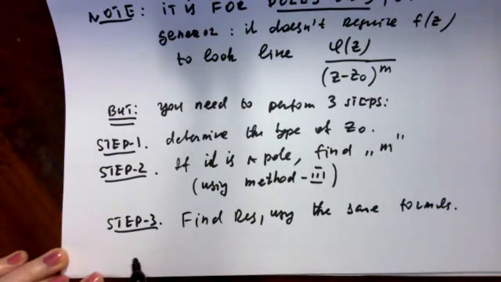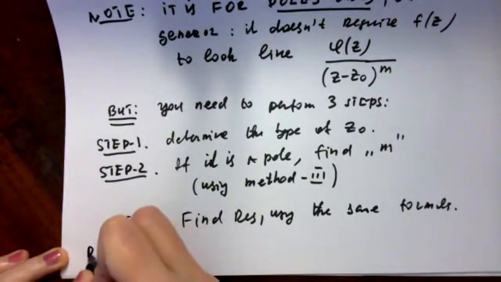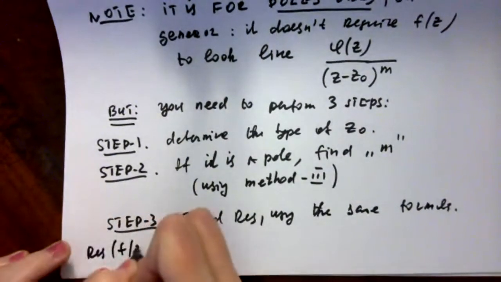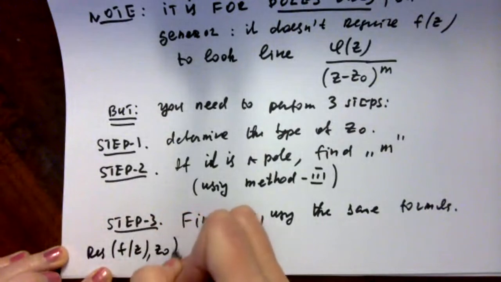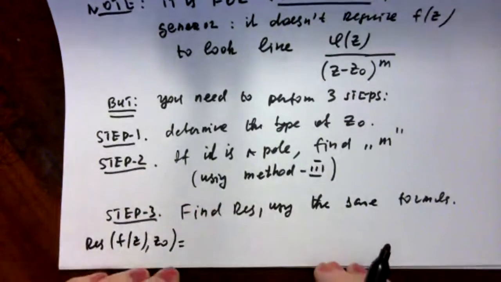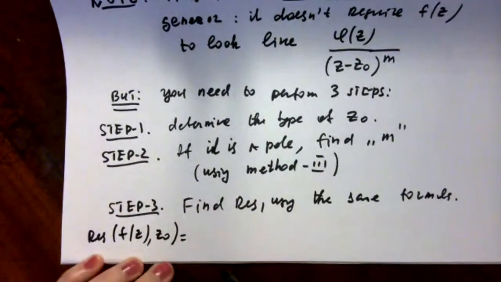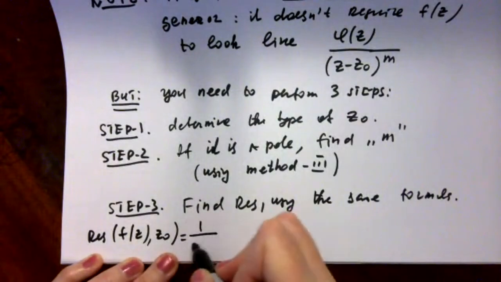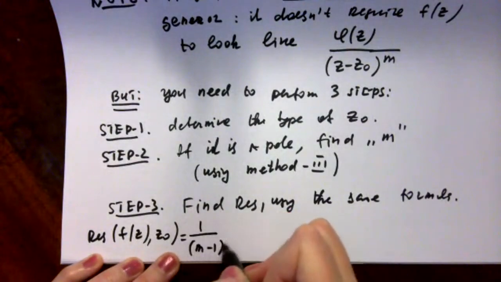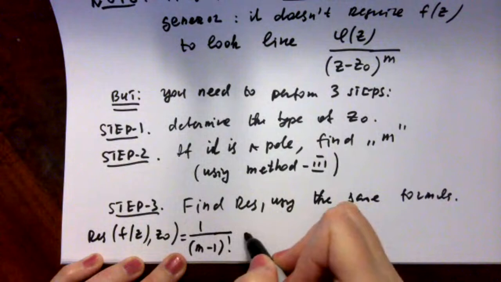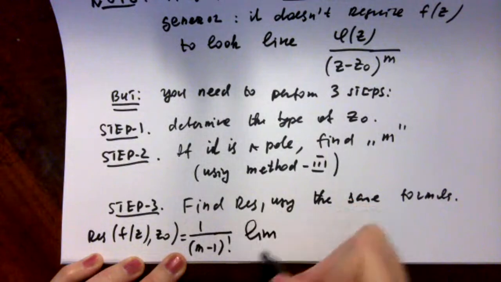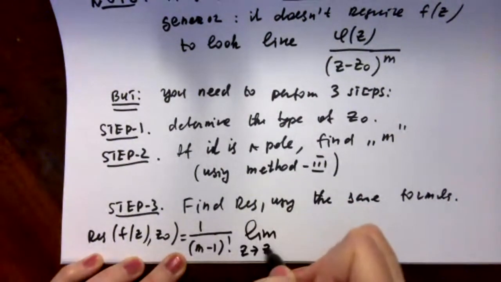Okay, I'm not finished with my algorithm yet. I wanted to remind you of this formula for finding the residue at z0 if z0 is a pole of order m. So let me remind you: 1 divided by (m minus 1) factorial. Then you need to put a limit here, limit when z tends to z0.